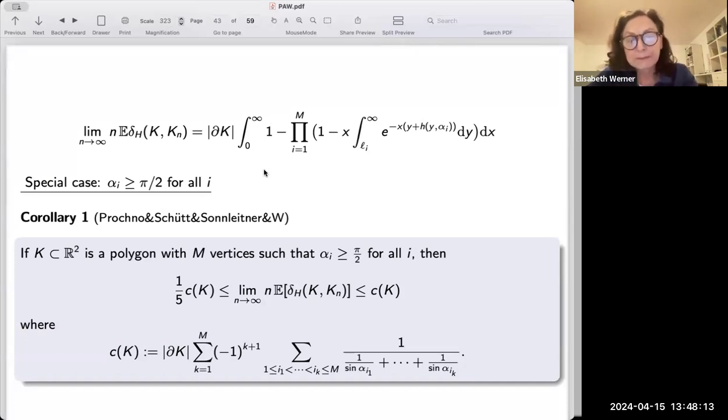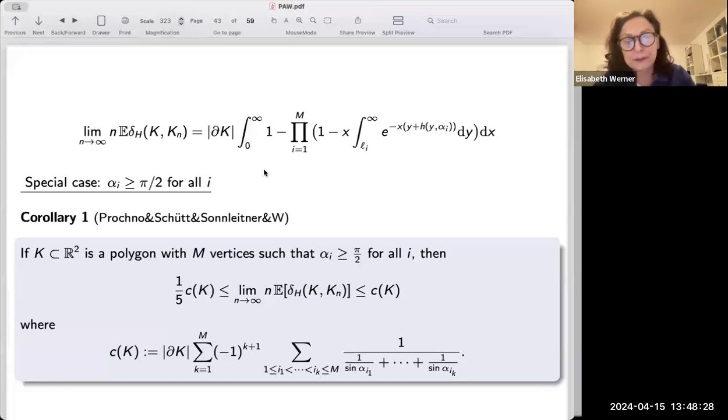Then n times the expected Hausdorff distance between K and Kn behaves like C of K, modulo an absolute constant. So what's C of K? It's the quantity that I have written here.